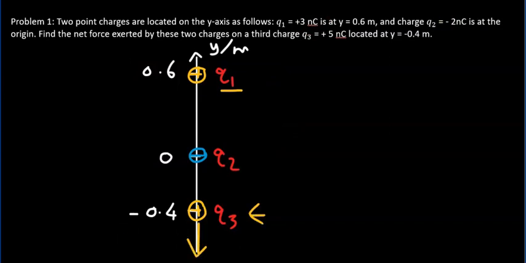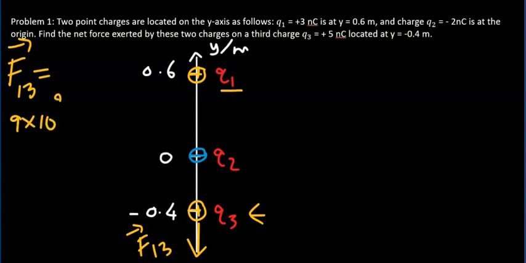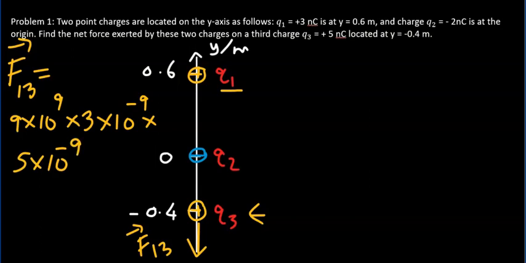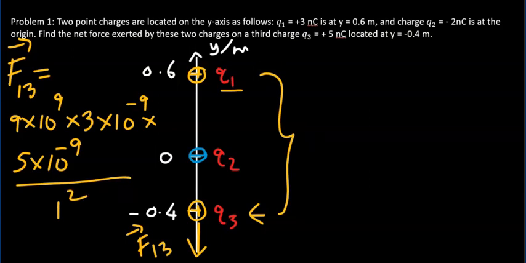Let's call it F13. And the expression for this force F13 is the constant, which is 9 times 10 to the power 9, the product of the two charges, Q1 being 3 nanocoulomb, so 3 times 10 to the power minus 9, Q3 is 5 nanocoulomb, so that is 5 times 10 to the power minus 9, over the distance between them, which is 1, so 1 squared, and it's in a direction of minus j hat.